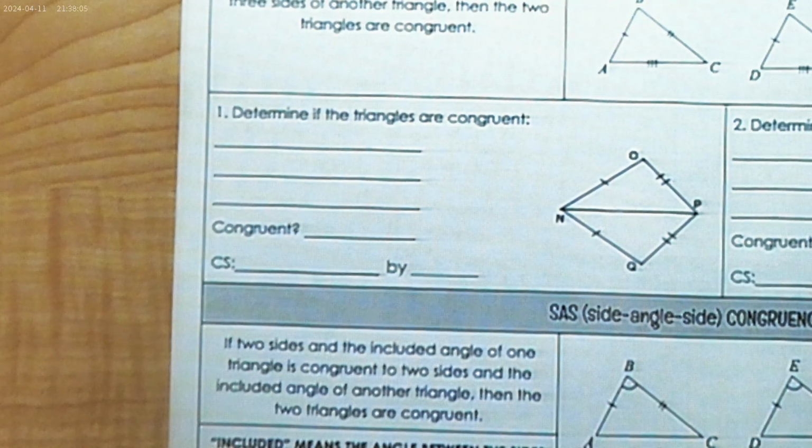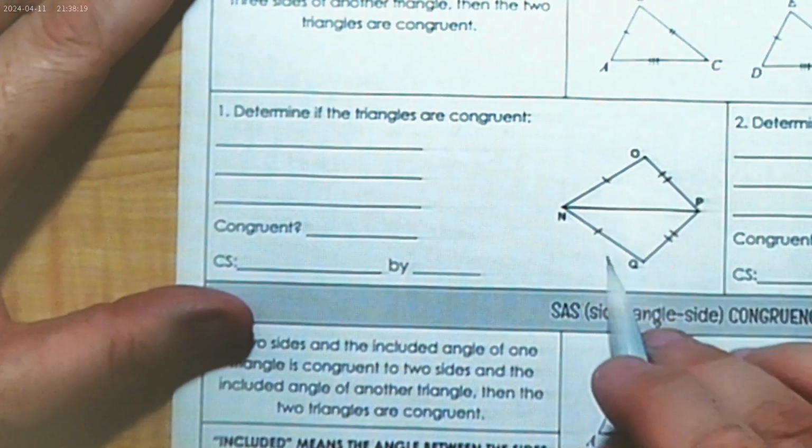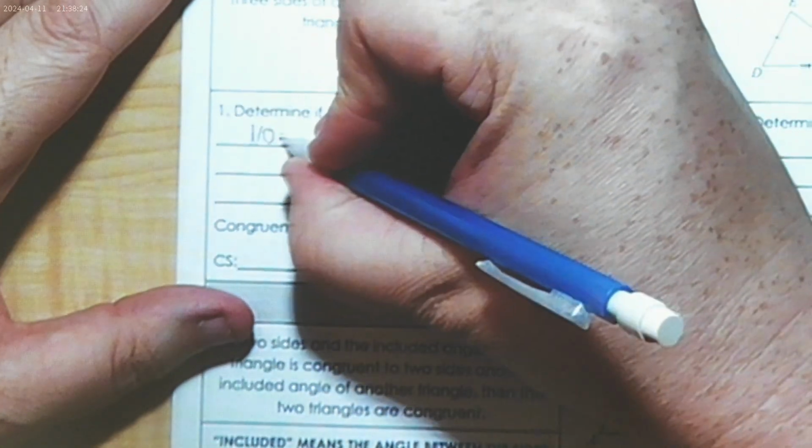This is the side congruence theorem section. So are the three sides of the triangle congruent? Are there three sides of both triangles that are congruent to each other? Well, based on the hash marks, NO is congruent to NQ.